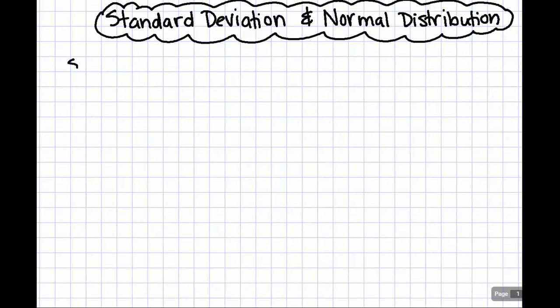So standard deviation tells us how spread out the data is. And what we're going to use is a Greek letter called sigma. Okay, Greek letter called sigma. And it represents how spread out the data is.